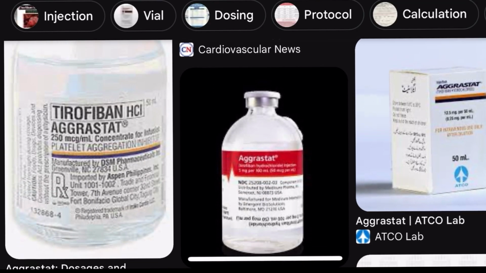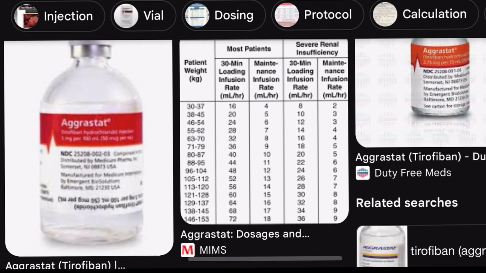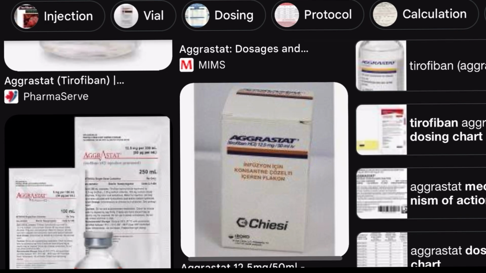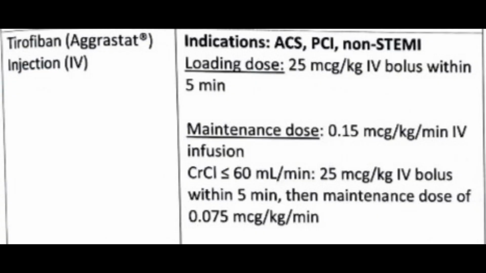Lastly, we have tirofiban, Aggrastat. It's a 25 micrograms per kilogram IV bolus within 5 minutes. Then it's 0.15 micrograms per kilogram per minute, and this is only if the creatinine clearance is greater than 60.